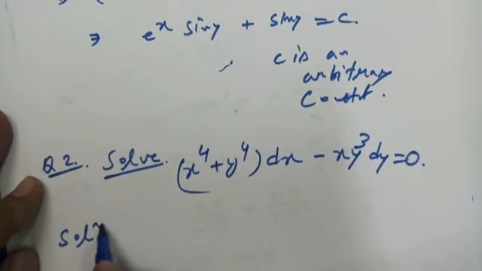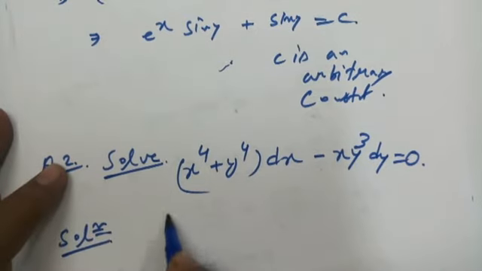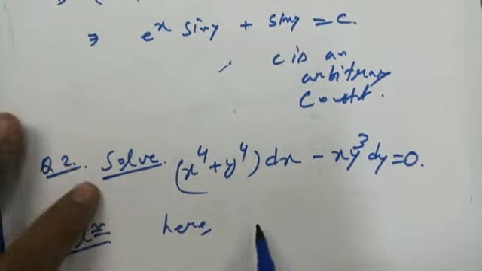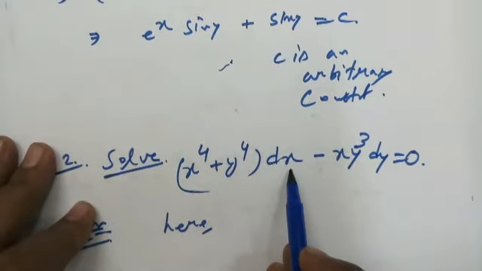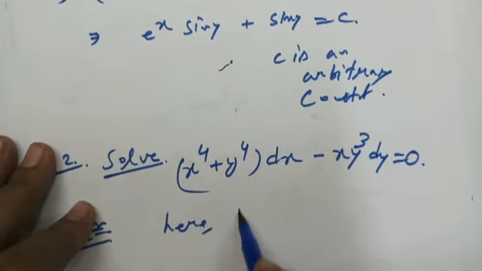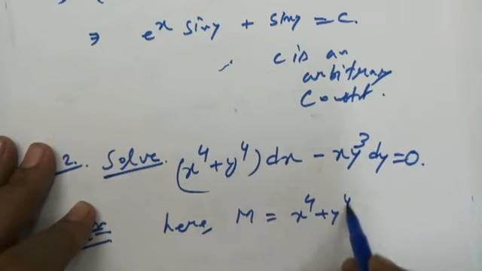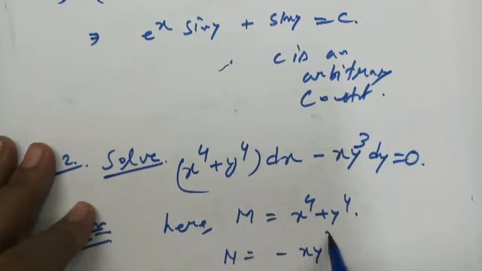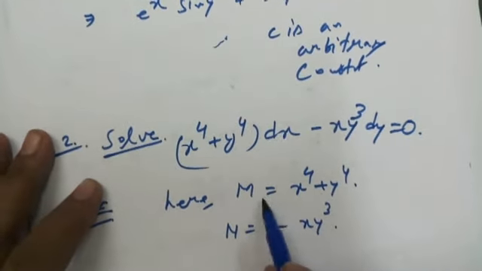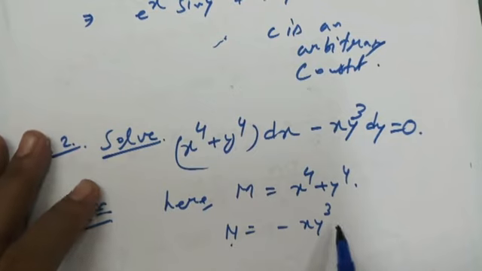Now the solution. Here clearly it is M dx plus N dy. So M, a function of x and y, is x power 4 y power 4, and N is minus x y cube. This is M, a function of x and y, and this is N, a function of x and y.